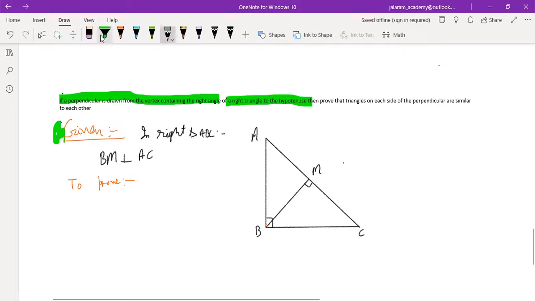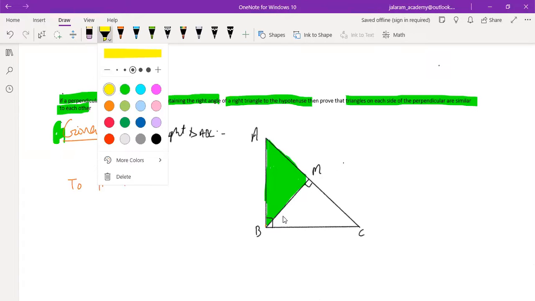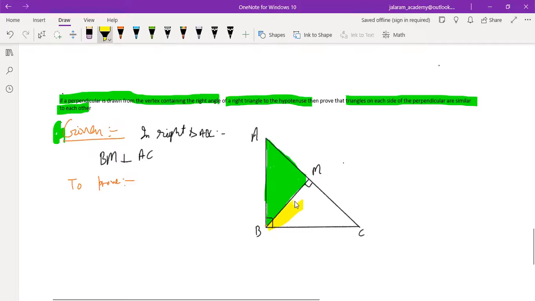Prove that the triangles on each side of the perpendicular, meaning triangle ABM and triangle BMC, these two triangles are similar to each other.